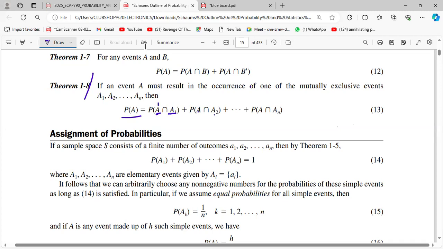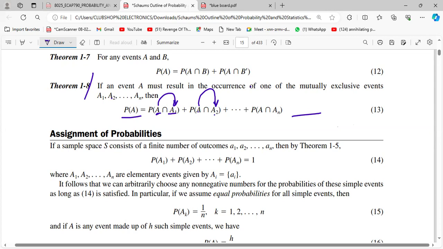You're just adding A intersection the first event, A intersection the second event, and so forth. These are the theorems that you need to pass.